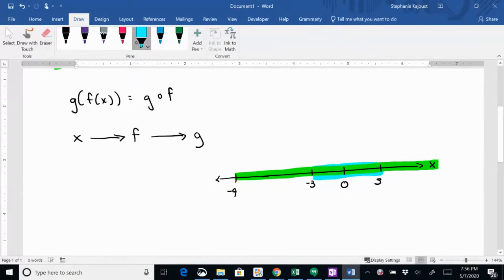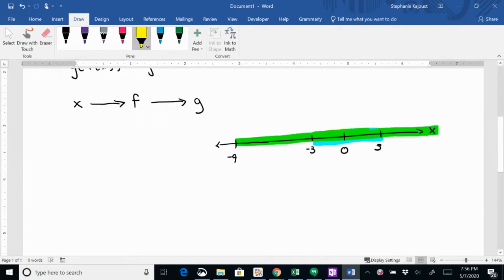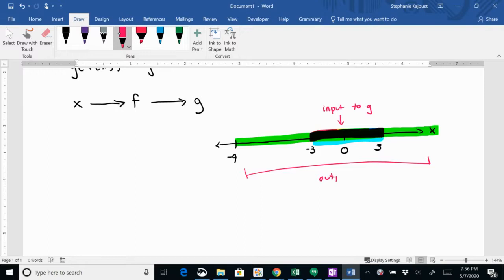Okay, I expected that to be overlapping, and it went behind it instead, there we go, really dark, but that is the portion that we're allowed. So this area is allowed to be input to g, but everything in green here is output from f.